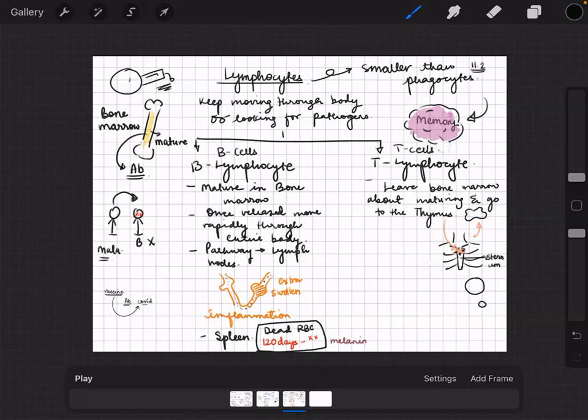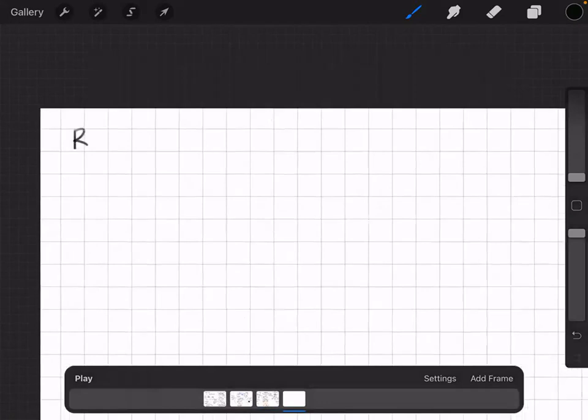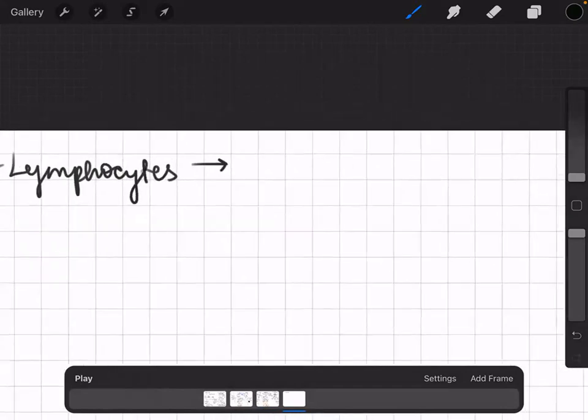Now, once we understand that this is exactly what these cells are going to do, there are certain other things that we want to learn now, okay? The most important thing that you want to remember about your B lymphocytes or the B cells is that these cells have a very keen sense of identification of your plasma cells.